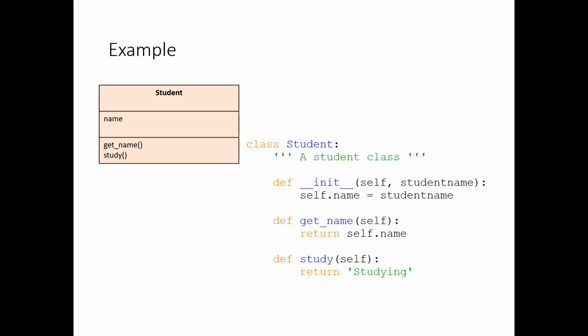If you read in depth, it's the new method, but this is where we assign the local variable. Then we have two methods. We have get name, where normally we use getters and setters to access the local variables. It basically returns the name variable, and then we have another method which we call study.